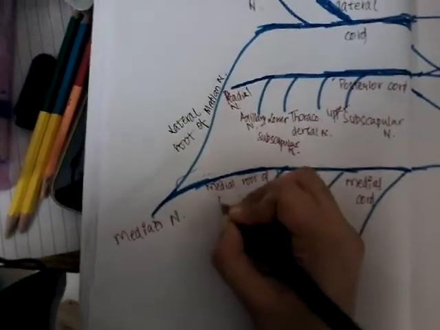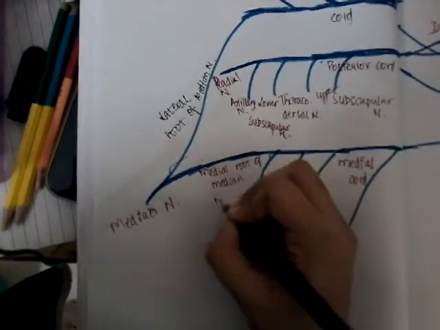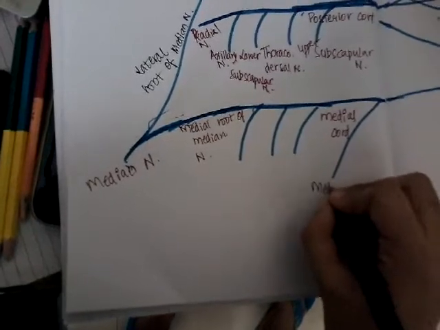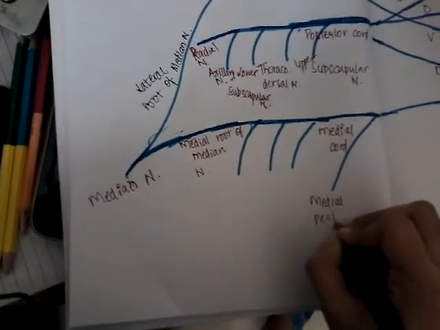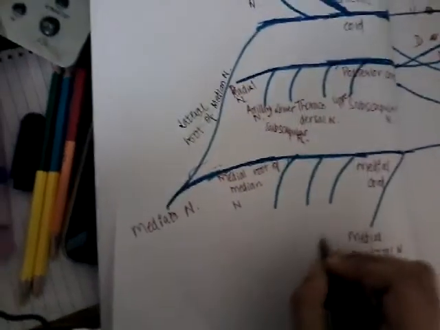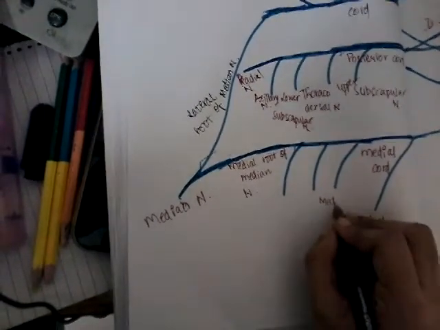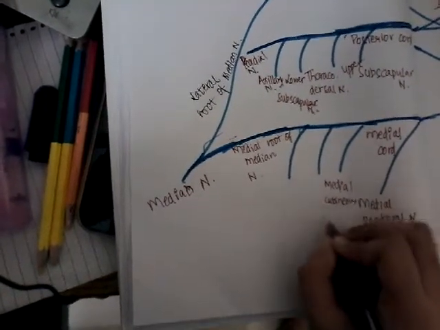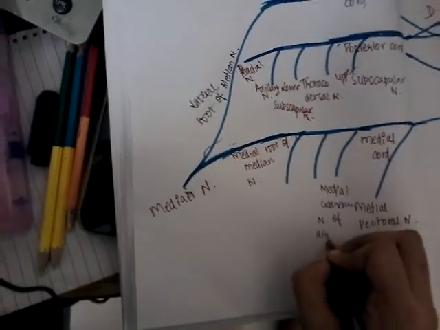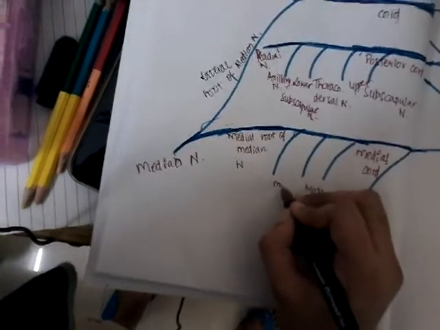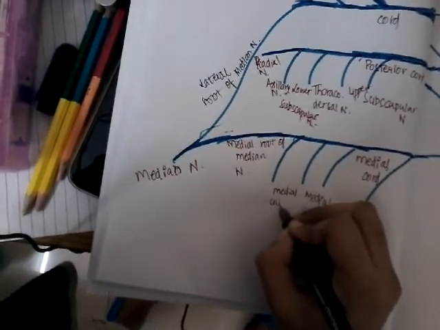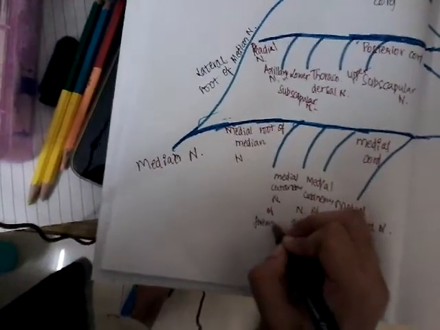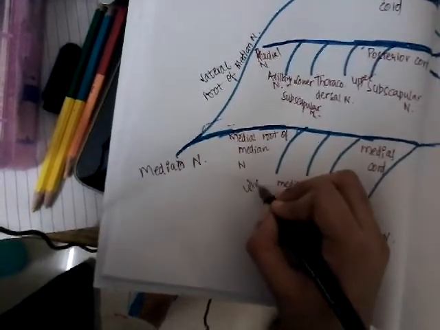So you have mainly medial pectoral nerve, then medial cutaneous nerve of arm, medial cutaneous nerve of forearm, and ulnar nerve.